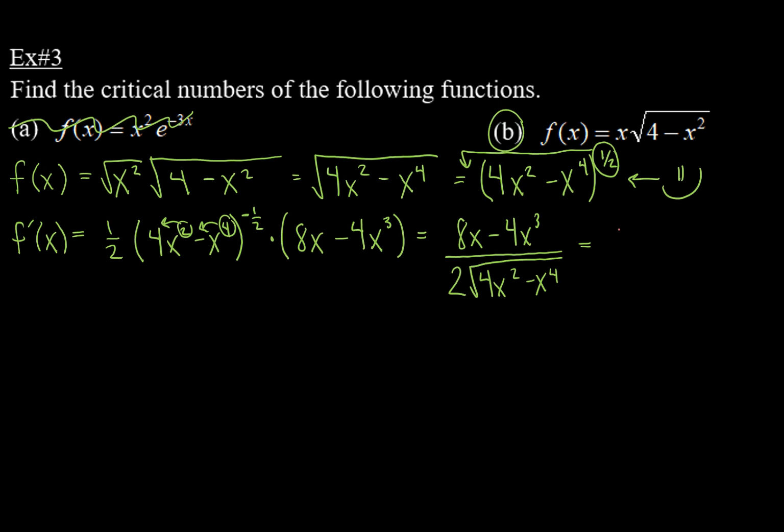Now notice, a couple things can happen. First of all, I can factor a 2x out of the numerator. And in the denominator, I can factor that x squared, that square root of x squared back out, which gives me this.